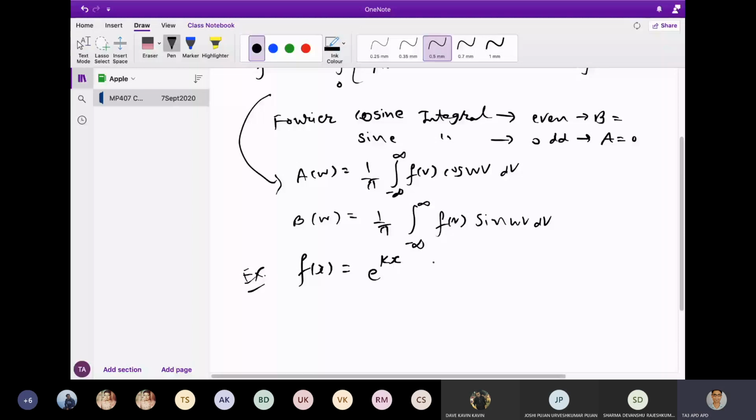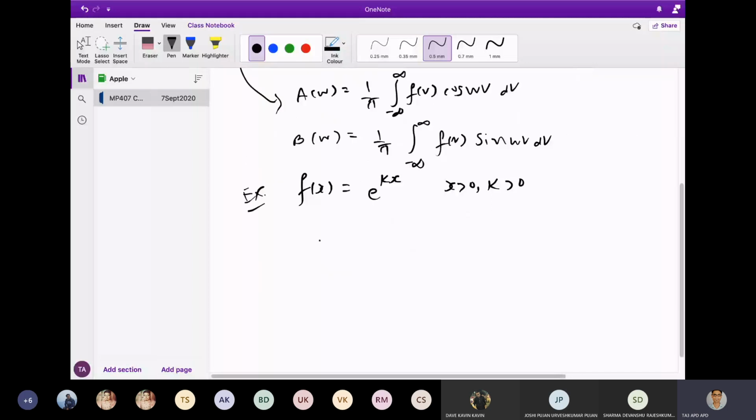For this, we derived the Fourier cosine integral and Fourier sine integral, and this actually led to the equations for the Laplace integrals. So we did the part for the cosine function, but the sine function I asked you to do by yourself. I hope you might have done that.